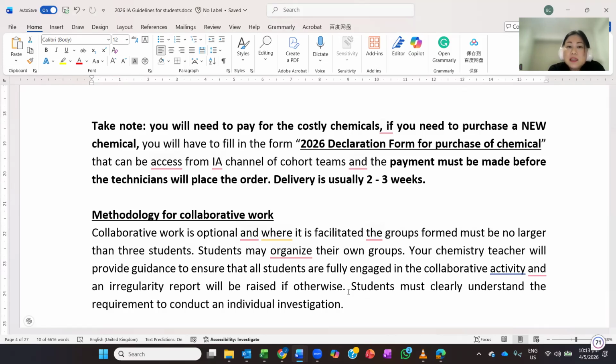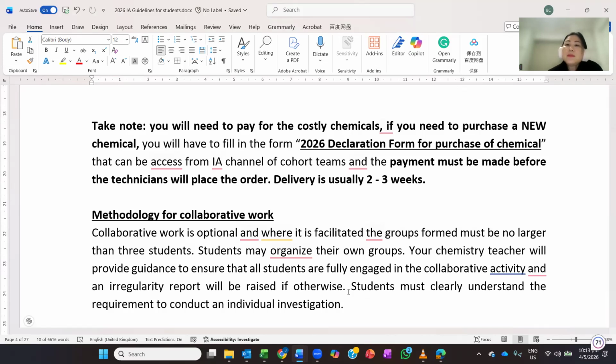The reason is that the delivery takes really very long and you don't want to be held up by that. It will be better to use common chemicals for the IA, because remember, the IA requirement is not like the EE. Use the common chemicals and then vary how you write and how you investigate.